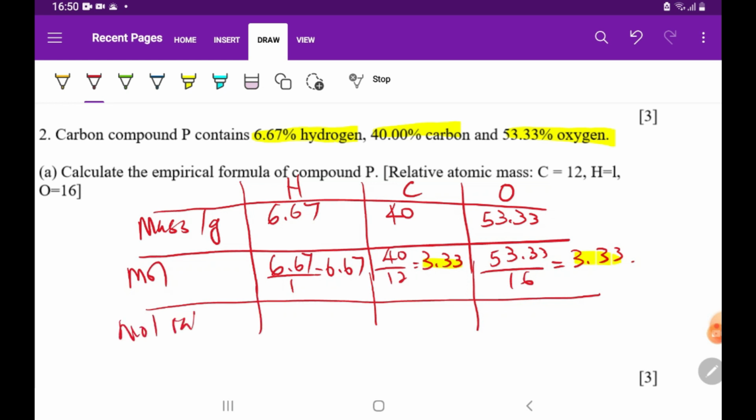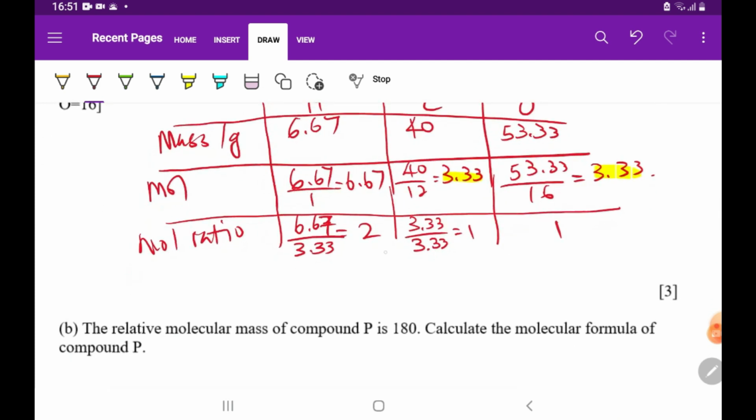Mole ratio. This one, 6.67 divided by 3.33, you get roughly 2. This one you get 1. This one also you get 1. Okay, the simplest numbers here are whole numbers already.